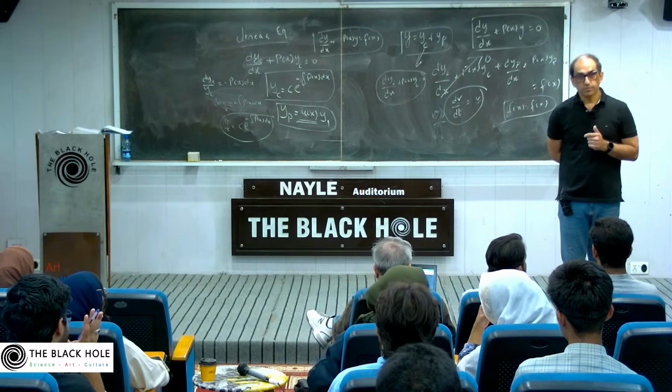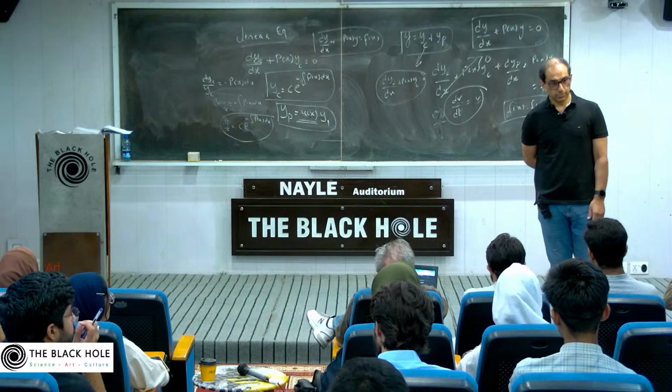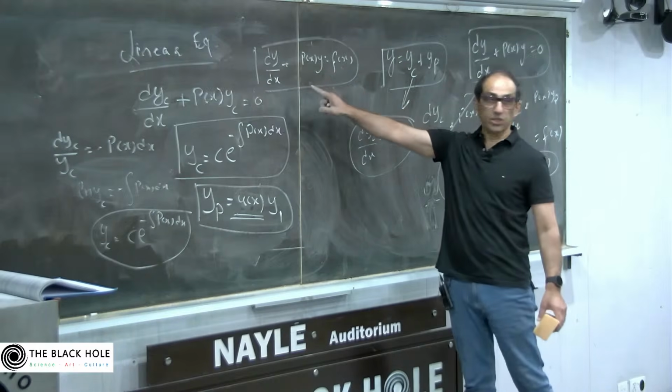So why are we necessarily multiplying by a function of x? Why not a function of y? How do we know? Okay, this is dy by dx. So this comes directly from the fact that y has to be a function of x, right? And the input is f of x, because the non-homogeneous part is a function of x, that's why. It's all there in the construct of the equation.